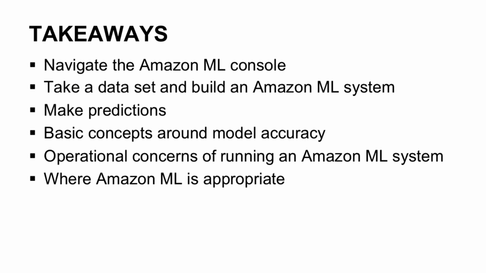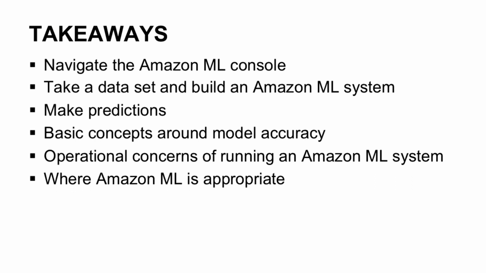When you are done with this course, you will be able to navigate the Amazon Machine Learning console and take a data set that is raw textual data and build an entire AML system that can make predictions. You'll be able to make predictions and understand when you would choose one versus another. You'll have some understanding about model accuracy.